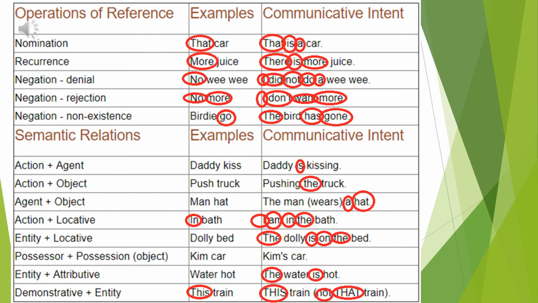Now, thinking about that list I had before, where I circled the words relative to Brown's chart, if we look at the amount of core words that are used in sentence development, right? We look at the examples column in the middle, and we see, hey, that's a good amount of red circles.